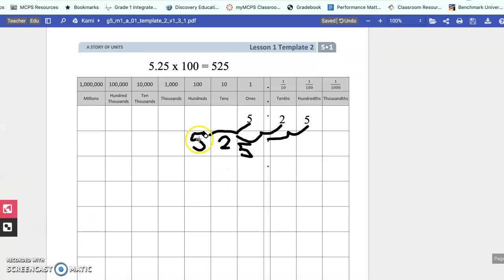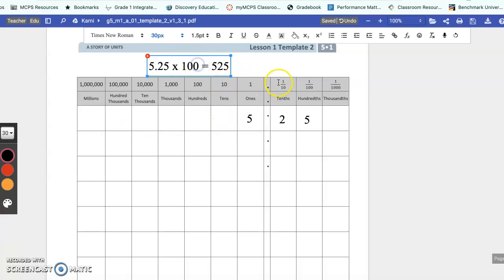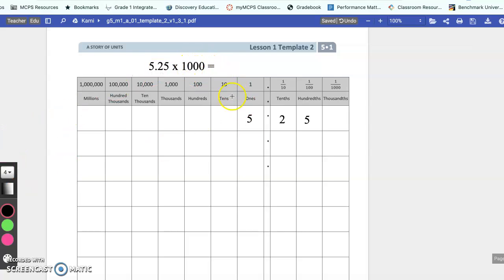Now, what if I was taking my number 5 and 25/100ths and multiplying it by 1,000 instead of 100? Each of these digits is going to get multiplied by 1,000. I know 5 multiplied by 1,000 is 5,000.